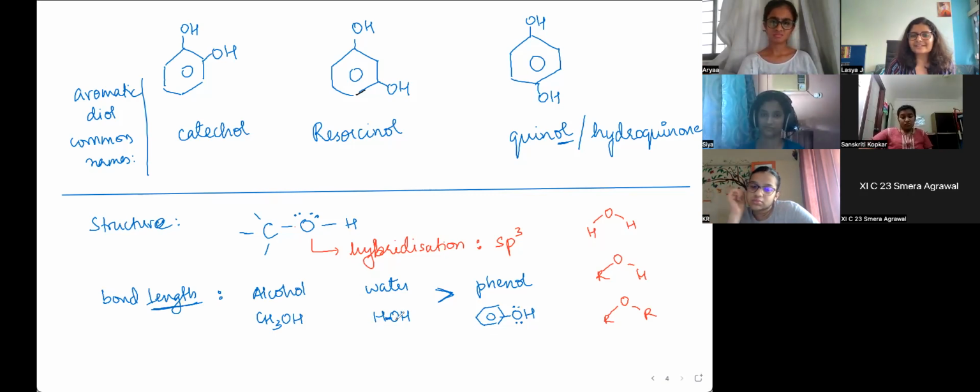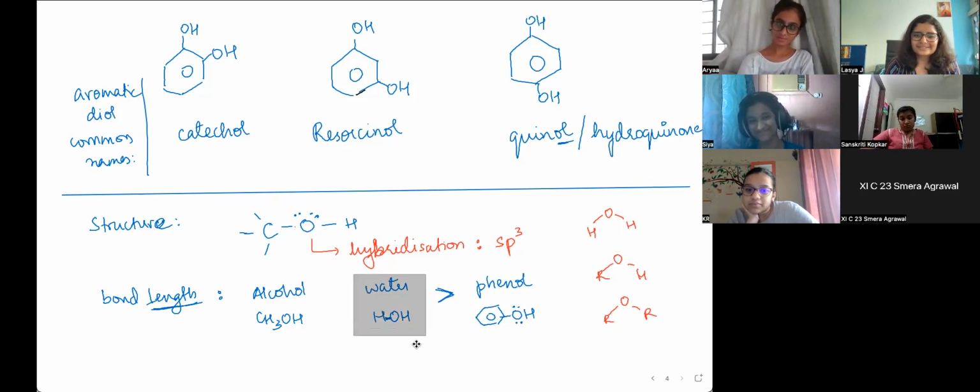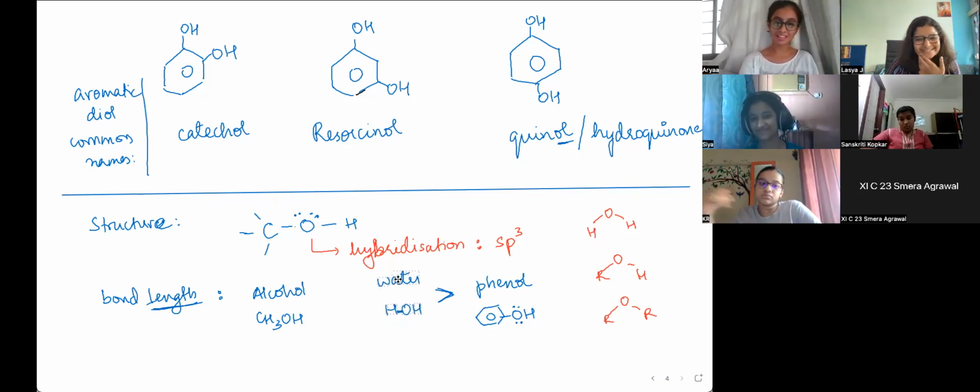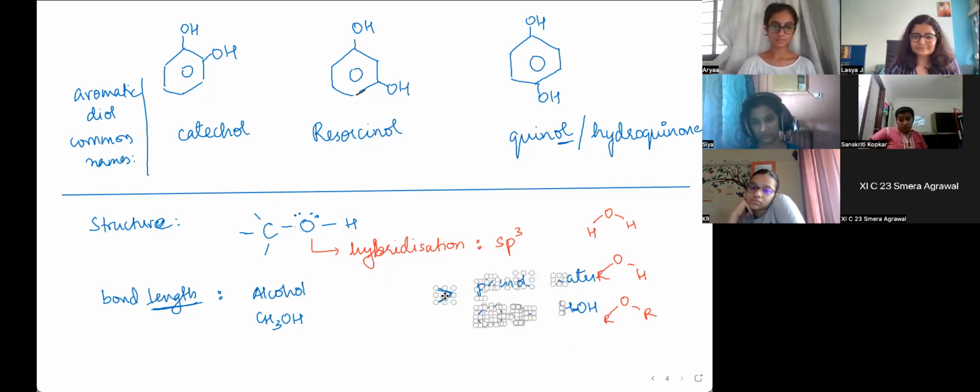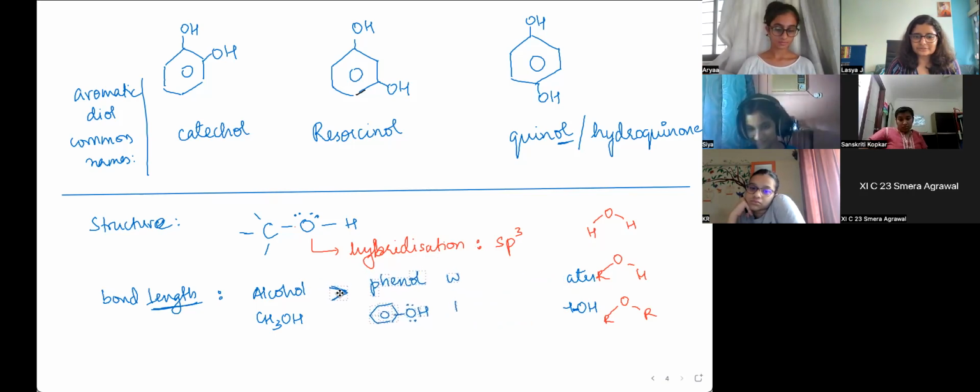We're talking about bond length, Kaveri, hydrogen bonding will come with other molecules of water. Sorry, I thought you were talking about the strength of the bond. So water will be the lowest because hydrogen is the smallest, in alcohol the bond length is going to be greater compared to phenol, and then water will be the lowest. This is going to be the order.